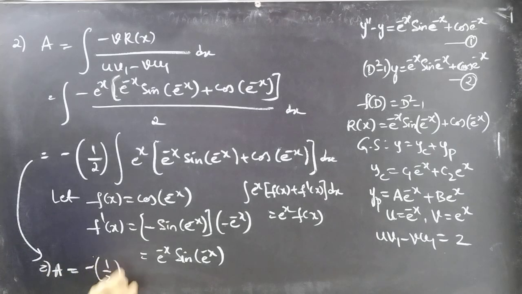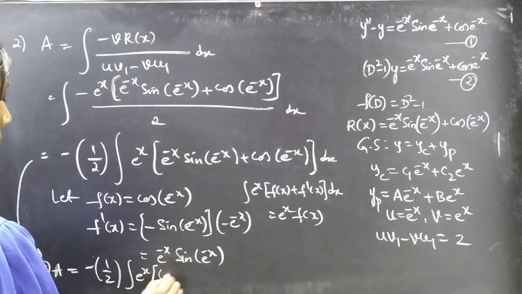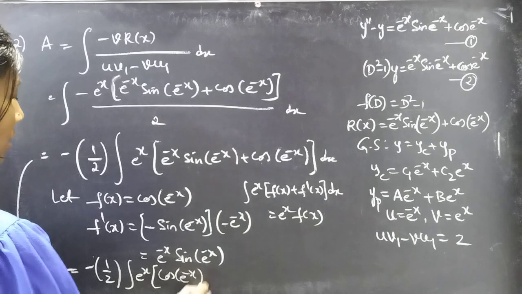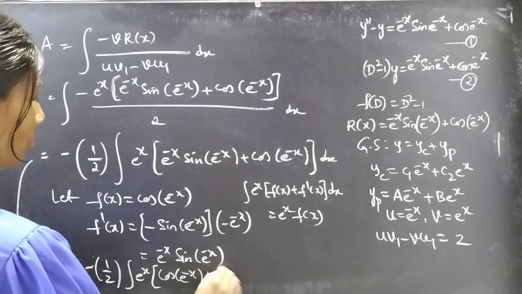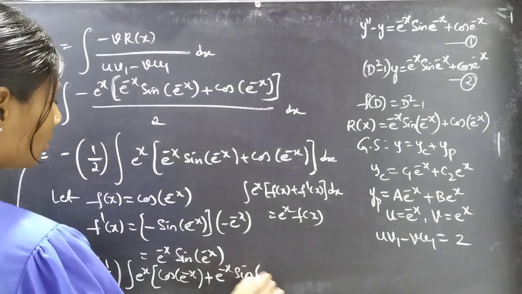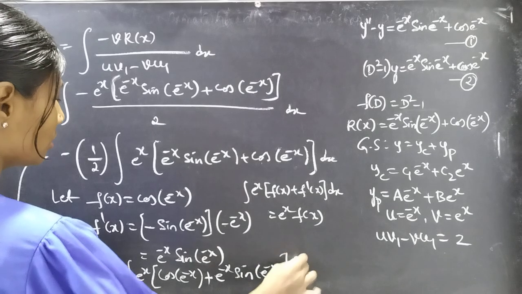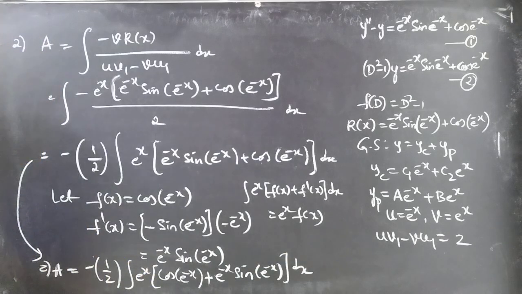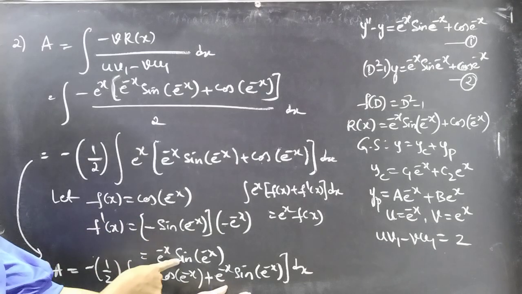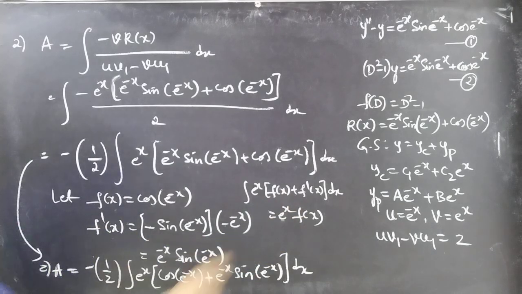let's write the integrand as this. This becomes minus 1 by 2 into the integral of e power x into, I'll write f of x firstly, that is cos e power minus x. Now write f dash of x, e power minus x sine e power minus x, into dx, which is of the form integral e power x into f of x plus f dash of x, which gives us e power x f of x, right?